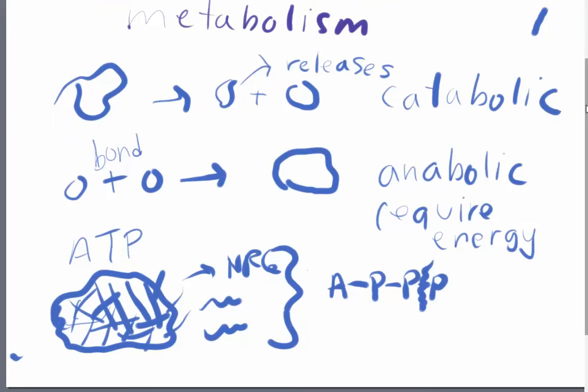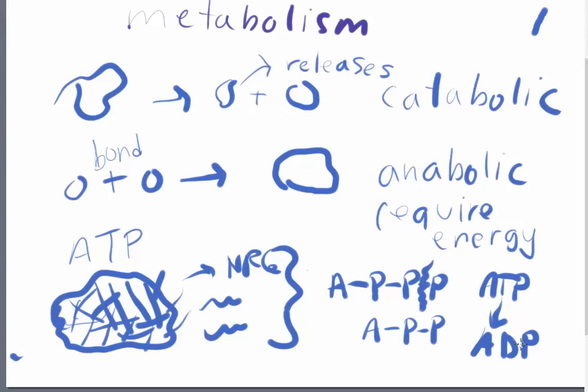Okay, so with our ATP, we break off the third P, and we break a bond there, releasing energy, and turn it into ADP. And that energy that's released is exactly enough energy required to stick two things together, to make the typical bond. So that way, in between meals, as we need to still breathe and move and think and do all of the things that cells need to do, we have the energy source to do it.